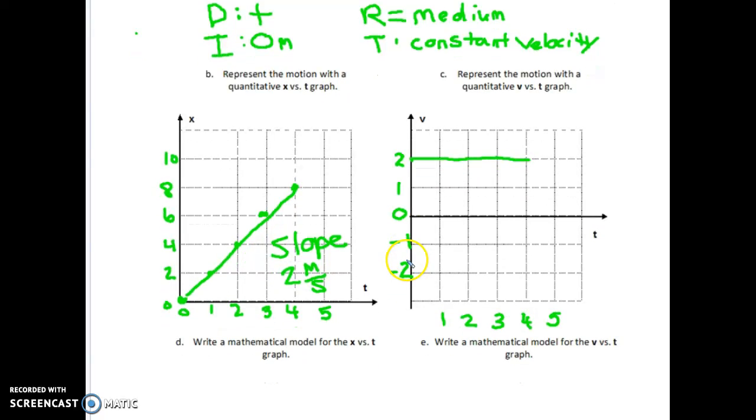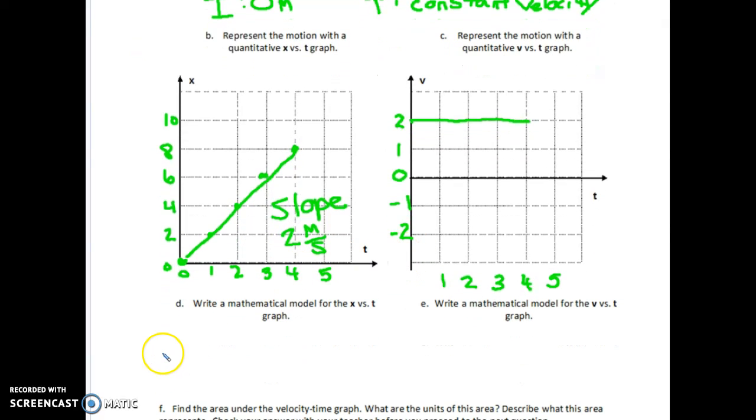Next up, I'm going to be writing a math model. I'm going to use x to represent position, and my slope of my line is 2 meters for every second, times t, since time is on my x-axis, plus my initial position, which is 0 meters.